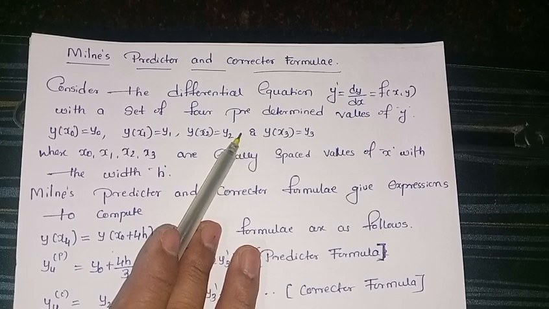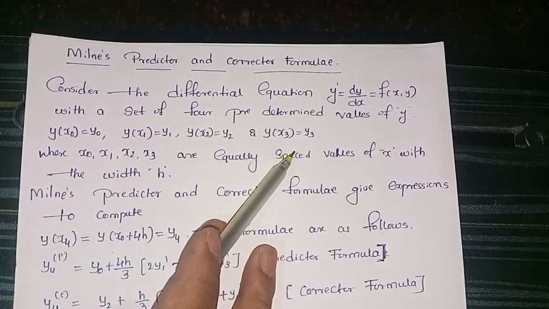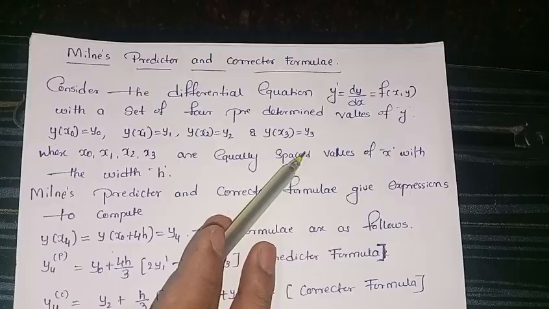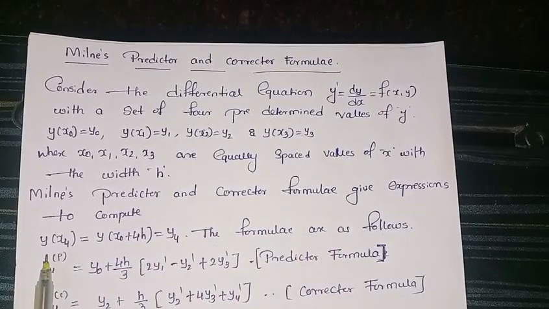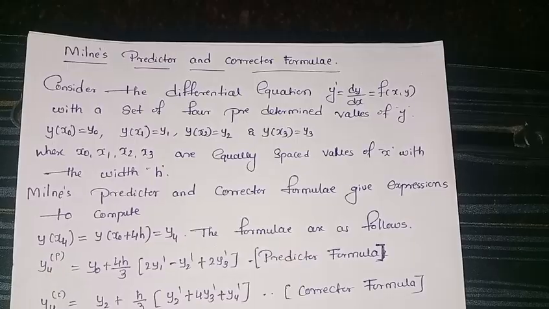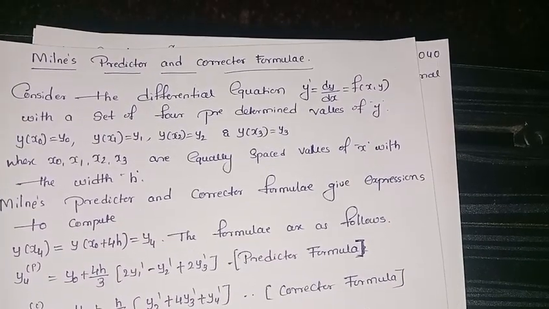For most engineering topics, the values up to x3 are given, and we have to find y4 at the point x4. That is the reason I have taken this standard problem, where I am finding y of x4. So let me take one simple problem on this. This is very important, dear students.